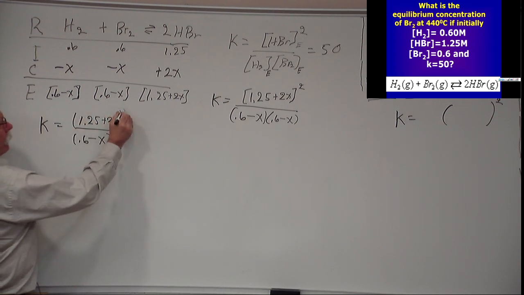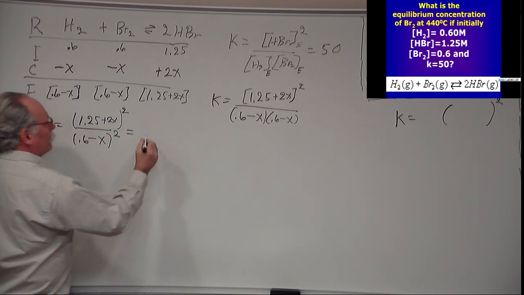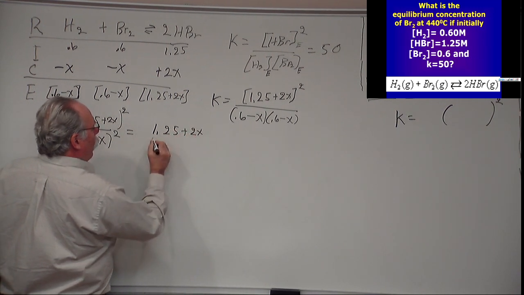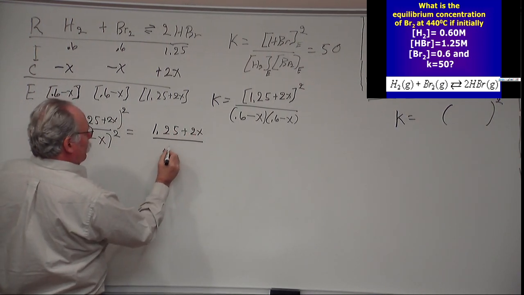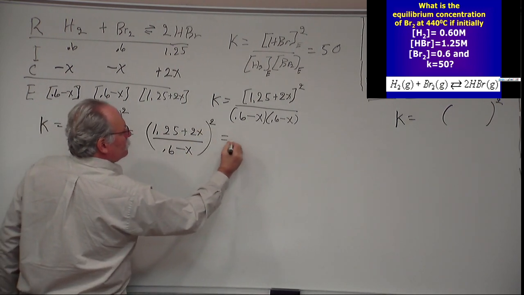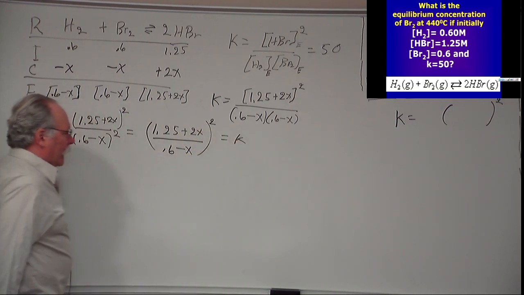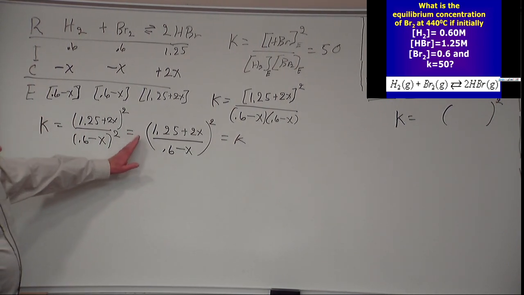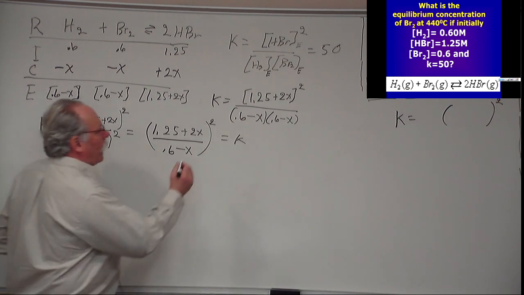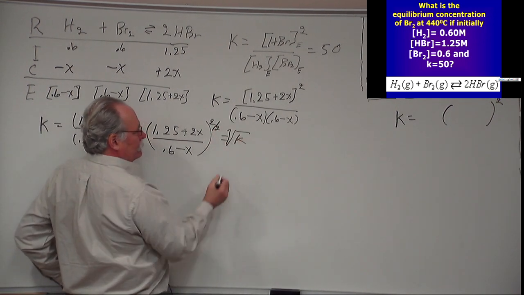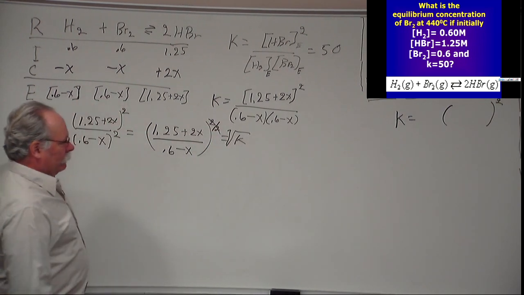And this is equal to 1.25 plus 2x all over 0.6 minus x, all squared. And this is equal to K, okay? Now I can take the square root of both sides. And remember, square root is to the power of 1/2, but I'm going to write it like this here. And now we get rid of the square term.